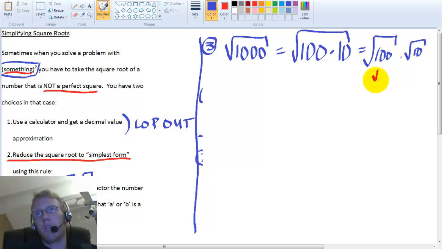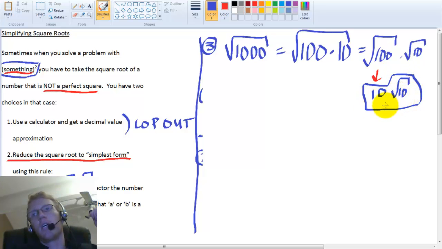This one is a perfect square, that's just 10. Square root of 10 we can't simplify, so it's 10 root 10. And you pronounce this 10 root 10, or 10 radical 10. You could say 10 times the square root of 10, but that's a whole mouthful, so it's a lot easier to say 10 root 10.